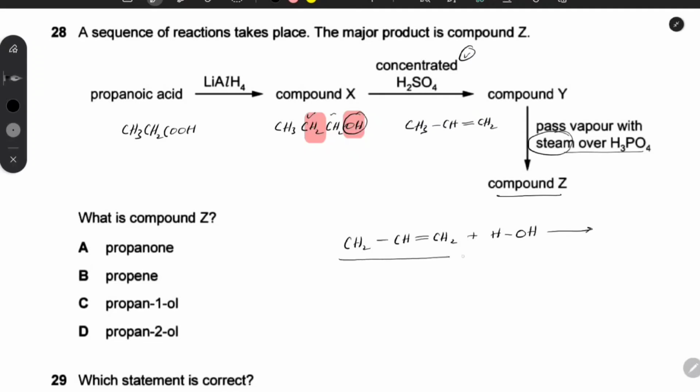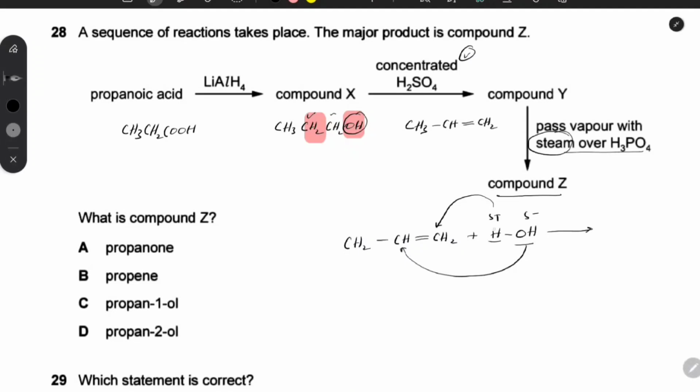Whenever you have an unsymmetrical alkene, where the carbon-carbon double bond carbons are attached with different numbers of hydrogen atoms or different groups, and an unsymmetrical reagent, you have to apply Markovnikov's rule, where the negative part of the unsymmetrical reagent will attach with that carbon where there are fewer hydrogen atoms, and the hydrogen will attach with the carbon of the double bond which is already attached with more hydrogen atoms.